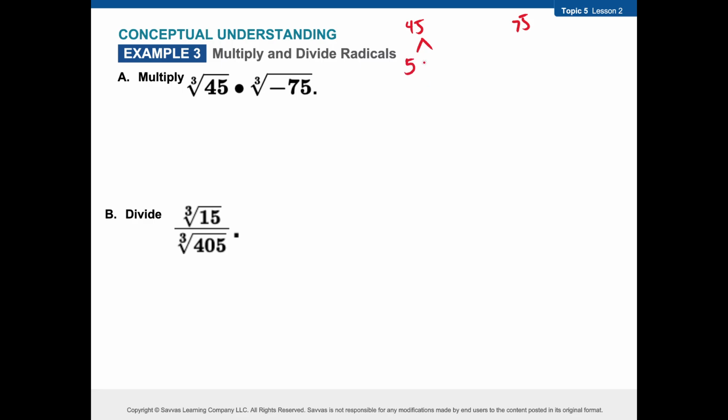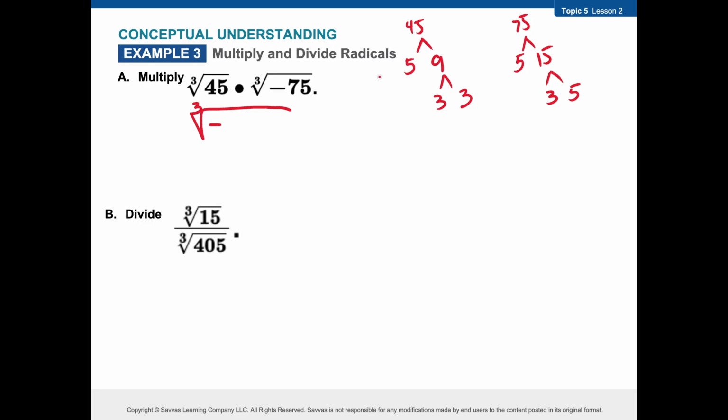So 45, 5 times 9, 3 times 3. 75, 5 times 15, and then 3 times 5. Since you're multiplying, I can group them together. Positive times negative is negative.